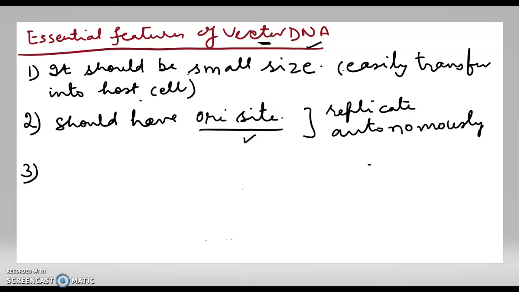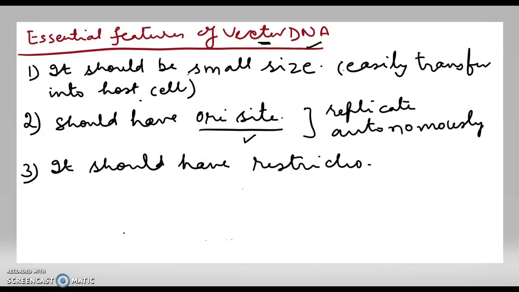Now third essential feature of vector DNA is that it should have restriction site. As we have studied in restriction enzymes, restriction enzymes recognize specific sequences and produce a cut there to open vector so that insert of interest, gene of interest can be inserted in that.